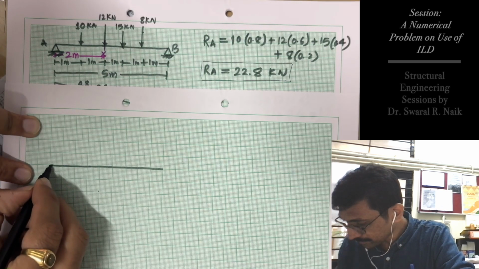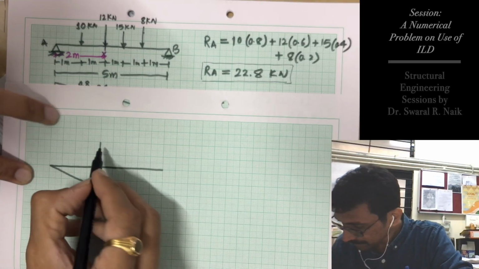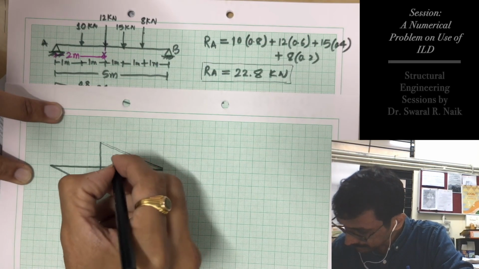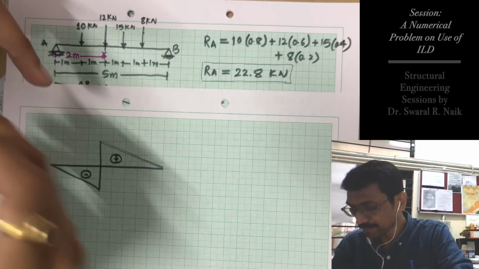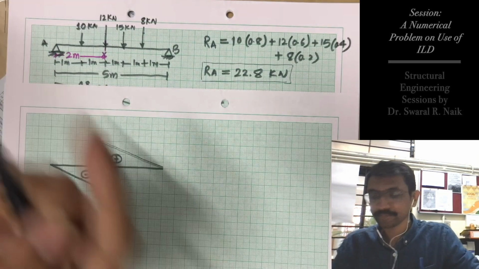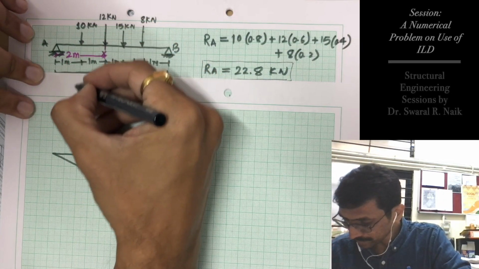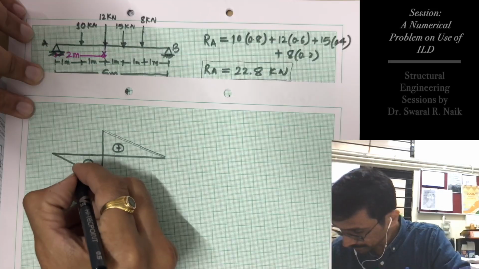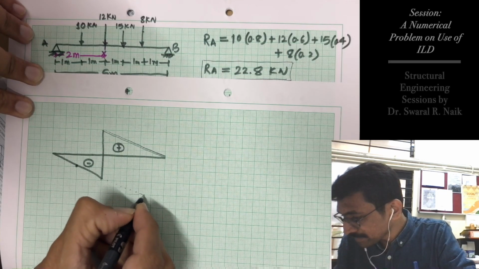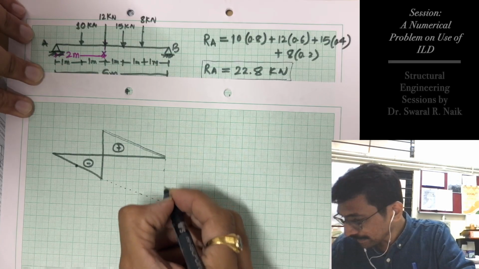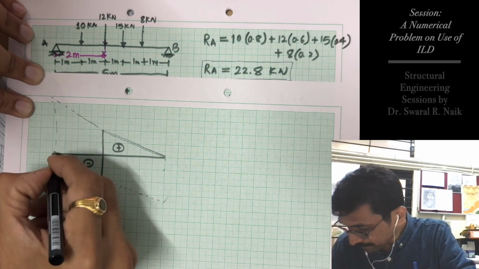So to this point it will be like this, and from here it will be like this. This will be positive, this will be negative. Let me show the values.